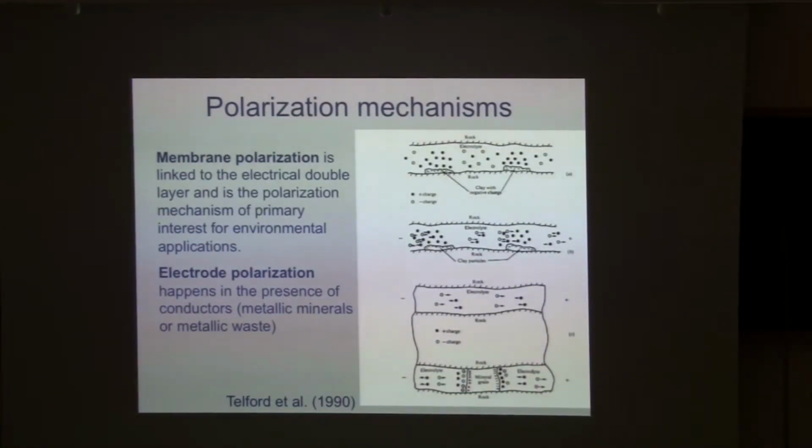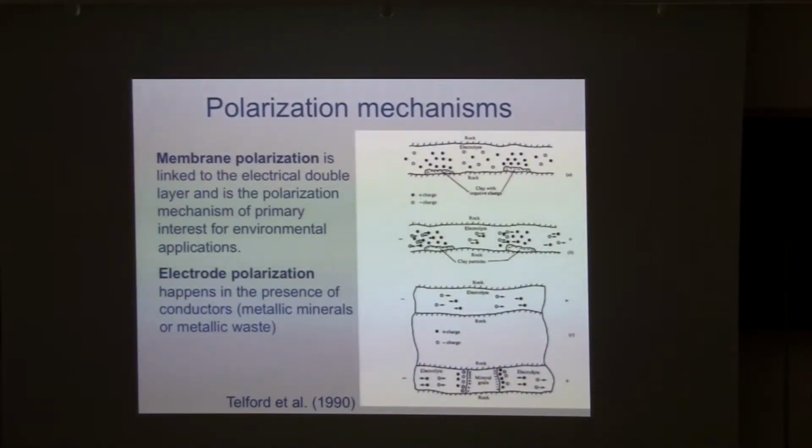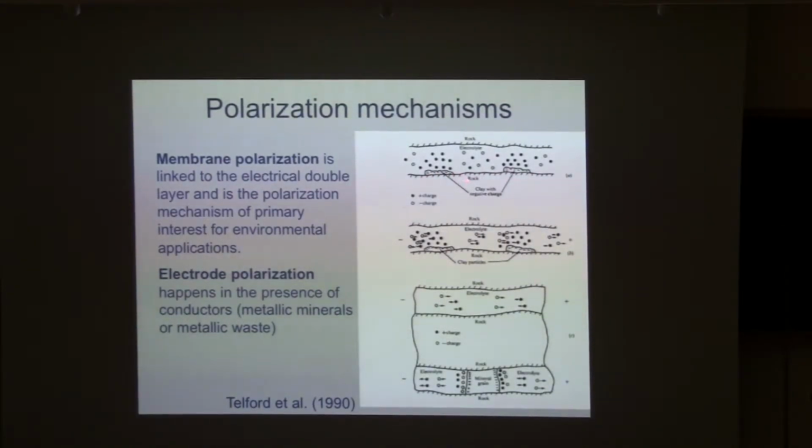There's a whole theory here describing why you get this polarization with the IP method, and I think this will be touched upon later on today. But basically, traditionally at least, you talk about membrane polarization. This is related basically to the fact that the surfaces of minerals are typically negatively charged. So you have an excess of charge around those, and that will prohibit certain ions from moving.